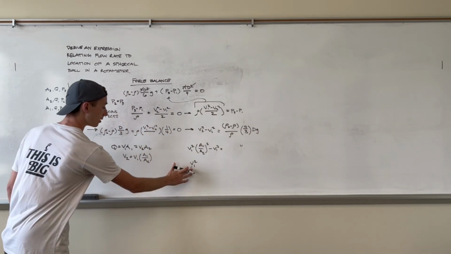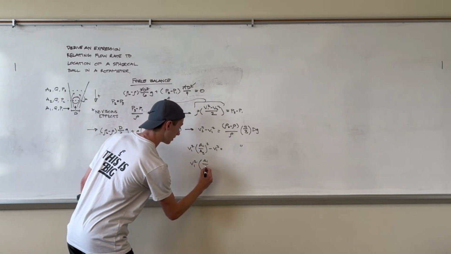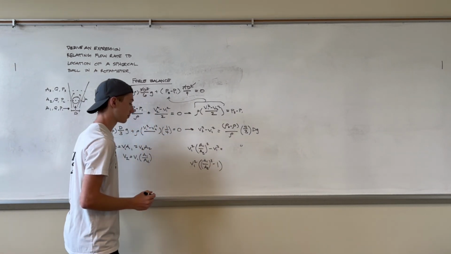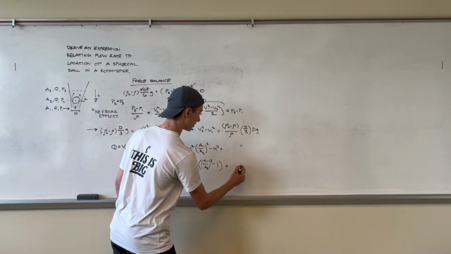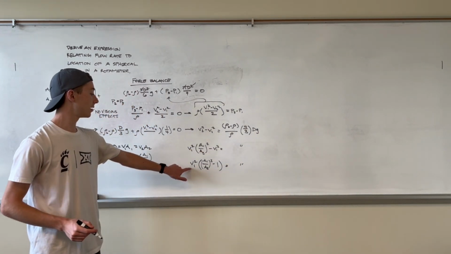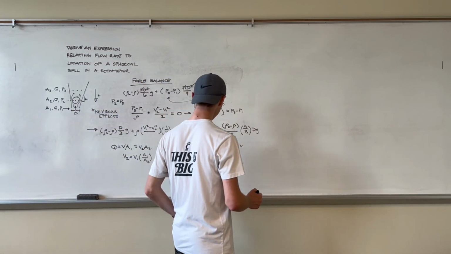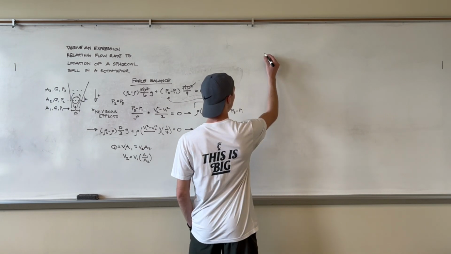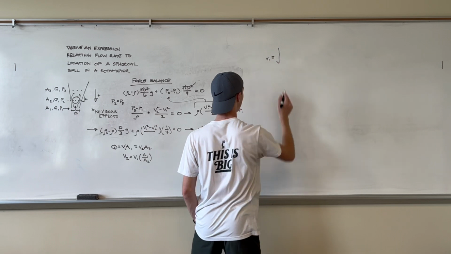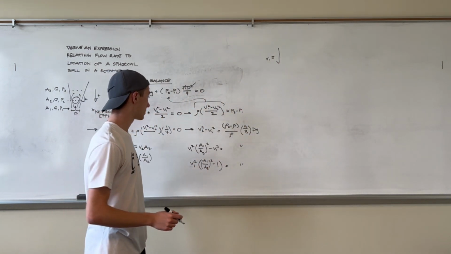Factor out a V1 squared, and we get A1 over A2 squared minus 1. And that still equals this side. We can divide by this expression onto the other side, and then take the square root, and we'll get an expression for V1. Okay, so V1 is equal to the square root of, again, we have this, and we're going to divide it by this.